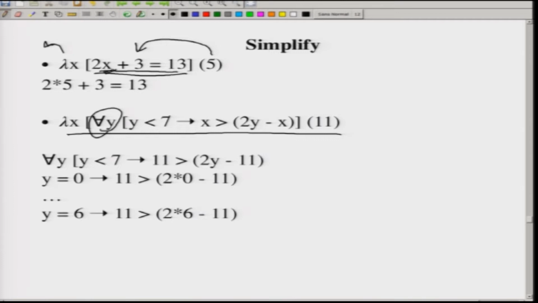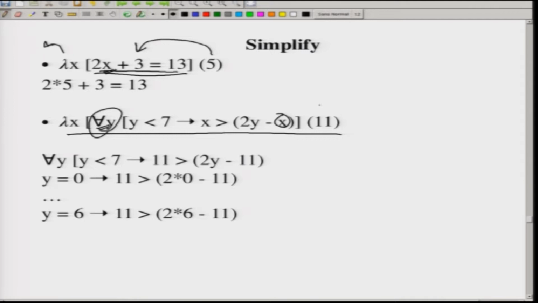Now you see what goes out: the lambda concerns x, not y. y is quantified, and lambda just works on the unquantified thing, because lambda itself is a binder like this quantifier.